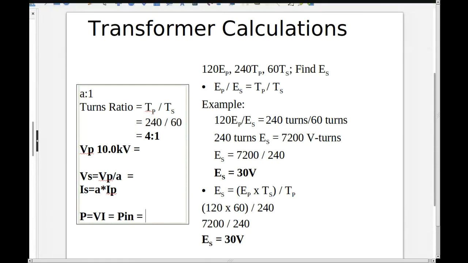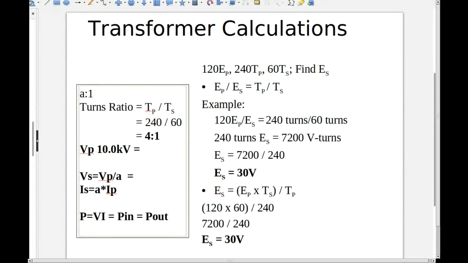So power in is equal to power out. It doesn't matter what the turns ratio is in an ideal transformer: whatever power you put in, that's the power you're getting out.